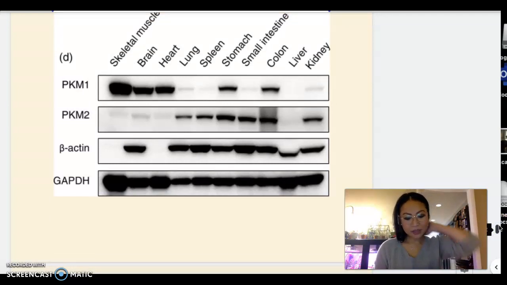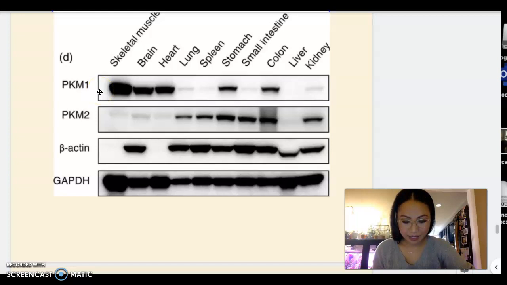Pyruvate kinase muscle isozyme M1, aka PKM1, is non-allosteric and expressed in different tissues which require a large supply of ATP, like the brain, muscle, and heart. Pyruvate kinase M2, PKM2, on the other hand, is expressed in tissues with anabolic functions and subject to complex allosteric regulation.